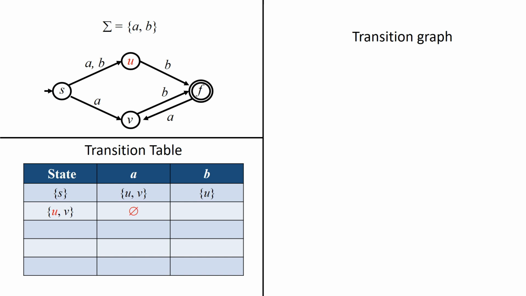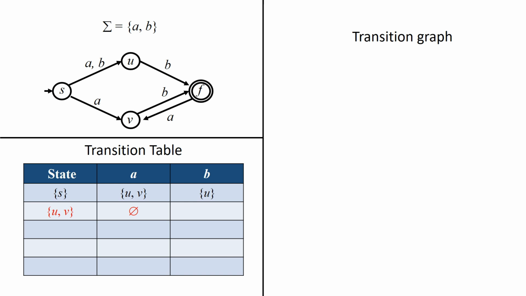We use the empty set for nowhere. And from V, where does it go with A? Also, it goes to nowhere. So we have the union of the empty sets, which is the empty set. So, from the state UV, with A, it goes to the empty set.